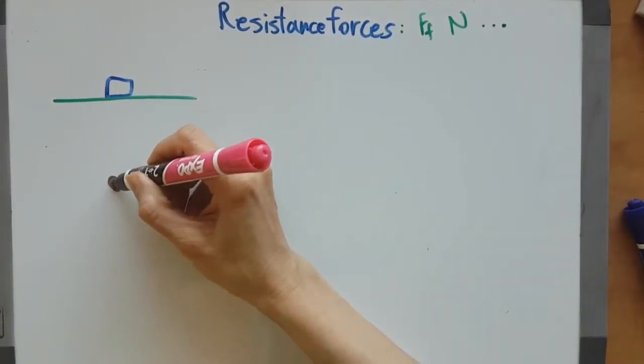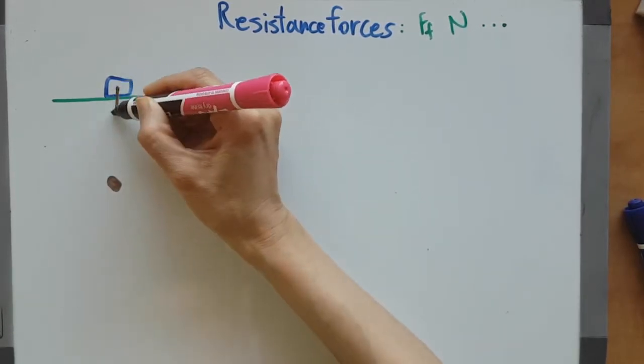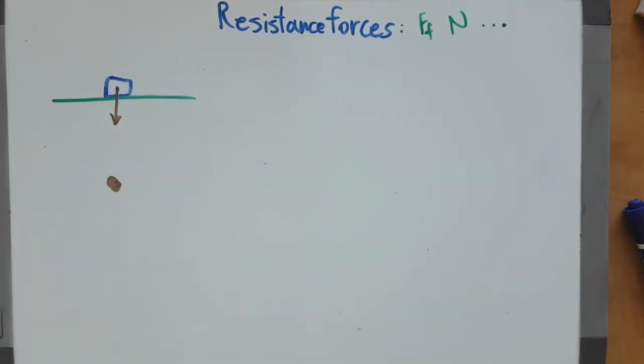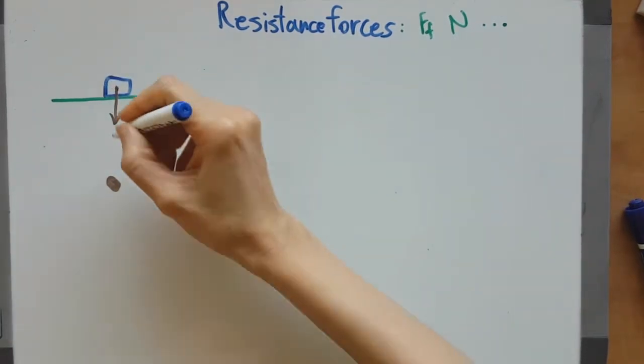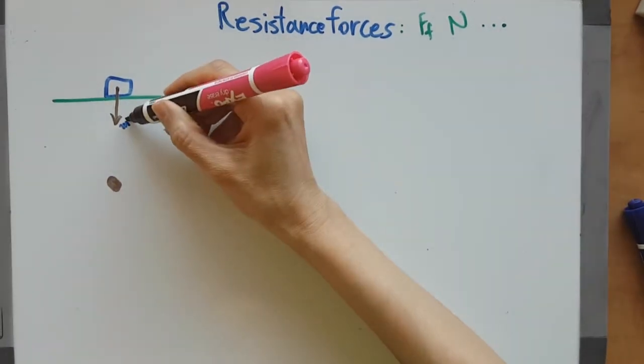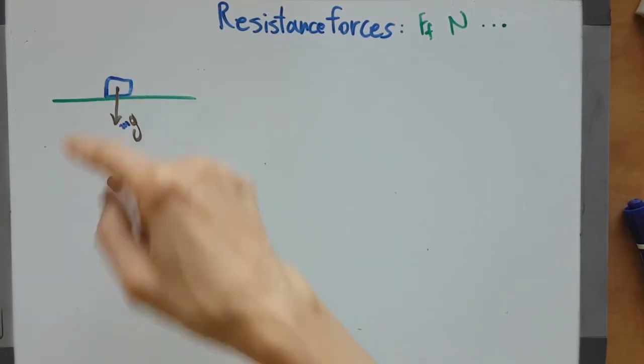The center of the earth applies gravity to this box, which equals the m of the box with the g, which is mg. This is actually the weight of this box applied to it from the earth.